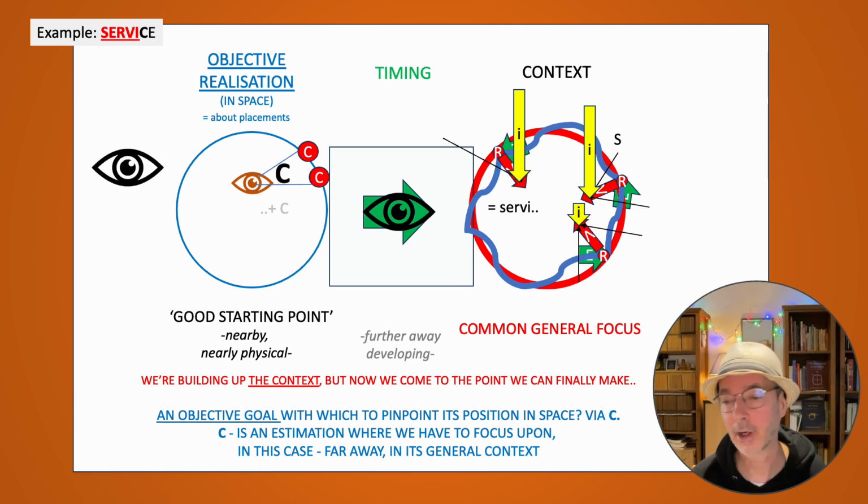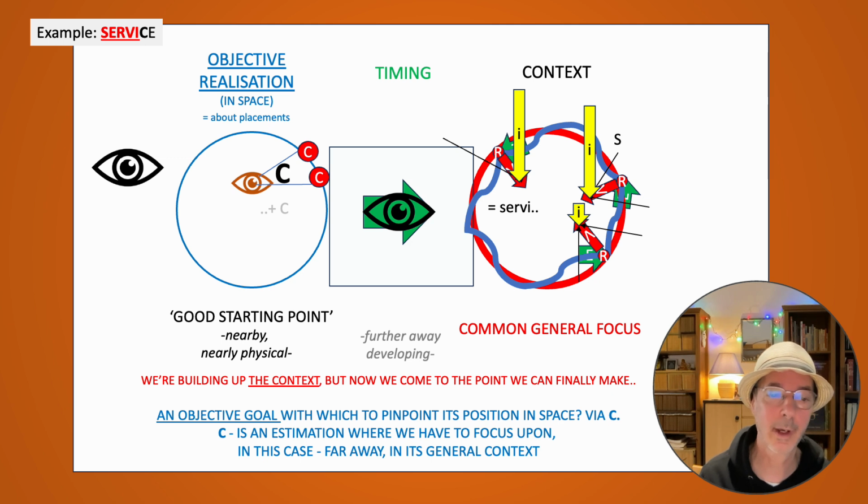And then only afterwards you can also say, okay, then when and how. First, where. Now, finally, we come to the where thing. So we have the objective goal, which pinpoints its position in space, and it does this via C, the letter C. And the letter C is this estimation.